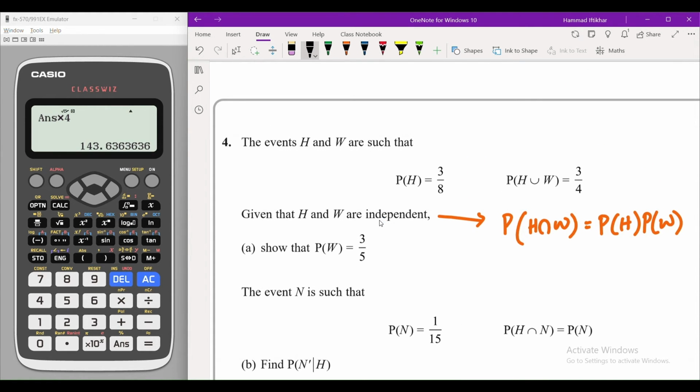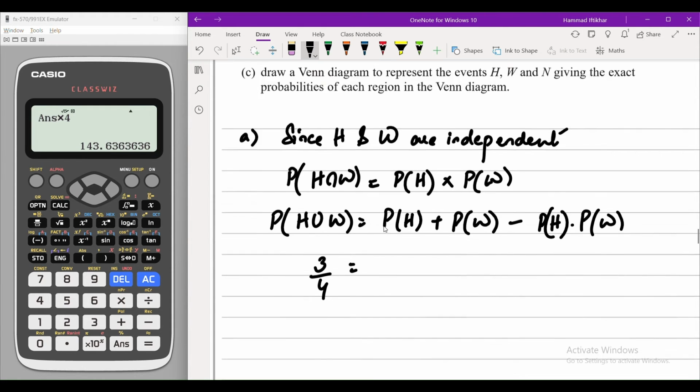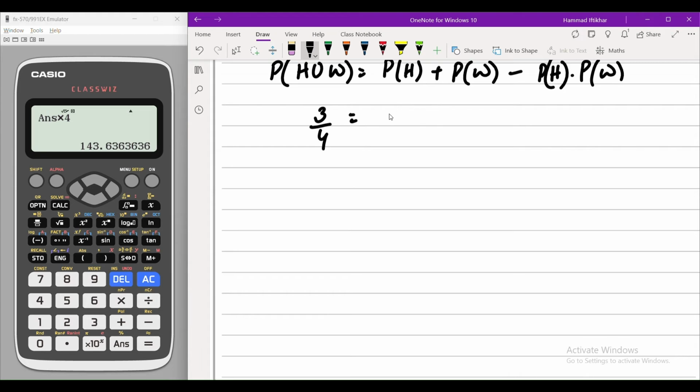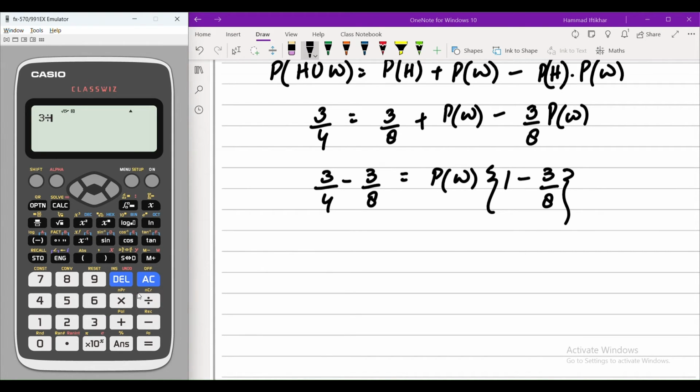They told us that probability of H is 3 by 8 and the other one is 3 by 4. So 3 by 4 equals 3 by 8 plus probability of W minus 3 by 8 times probability of W. So 3 by 4 minus 3 by 8 equals probability of W times 1 minus 3 by 8. 3 divided by 4 minus 3 divided by 8 is 3 by 8.